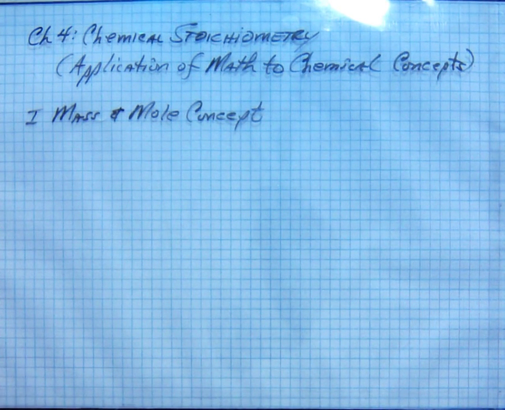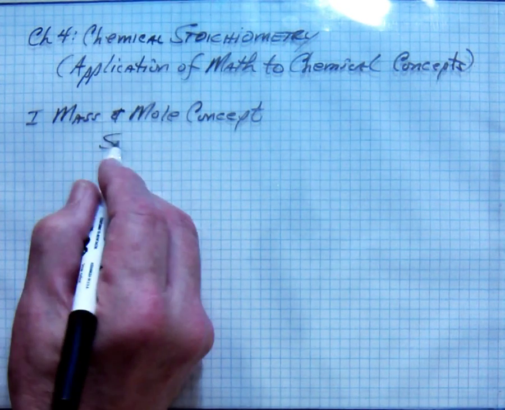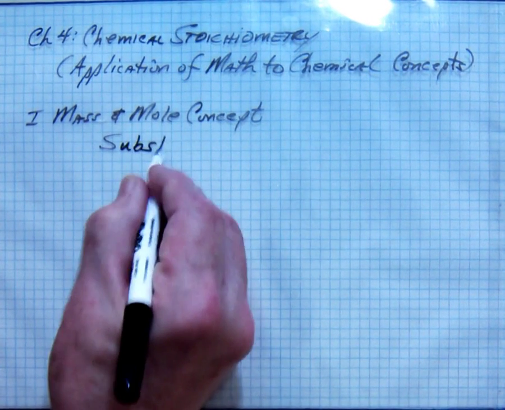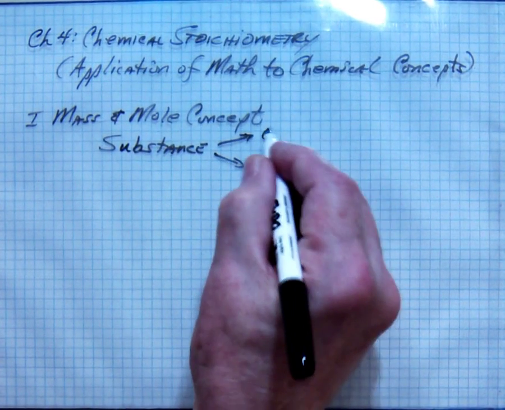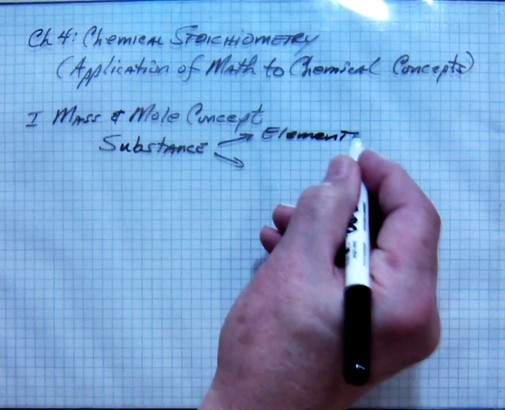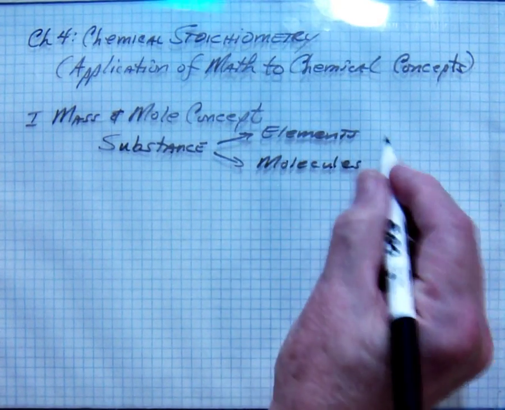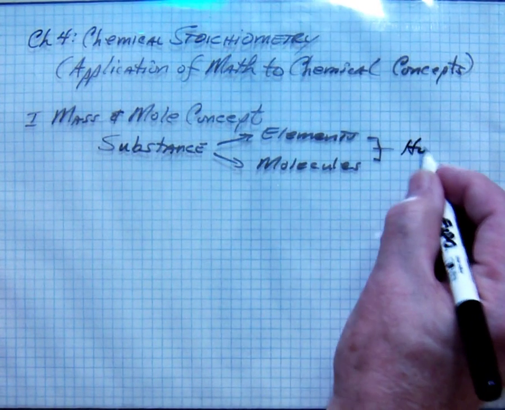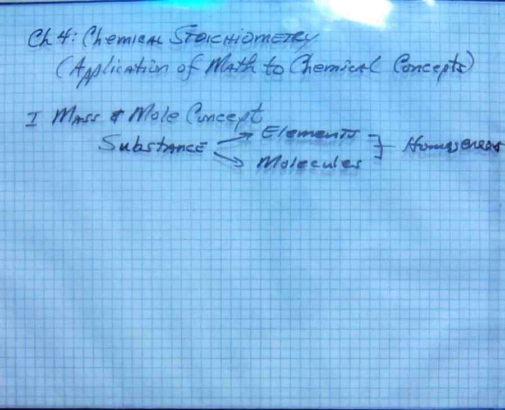Now, in the concept of mass, the idea is to apply to formula weights and atomic weights. One of the things I want you to note real fast here is substance. The term applies to both elements and molecules, and in that, they're both homogeneous, in that they have their own specific properties and so forth.